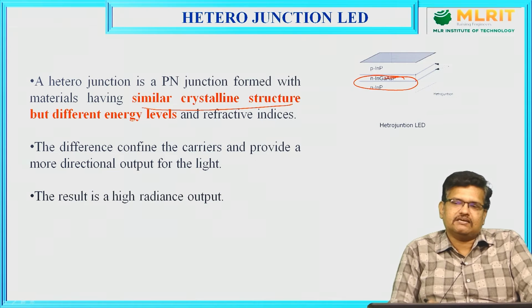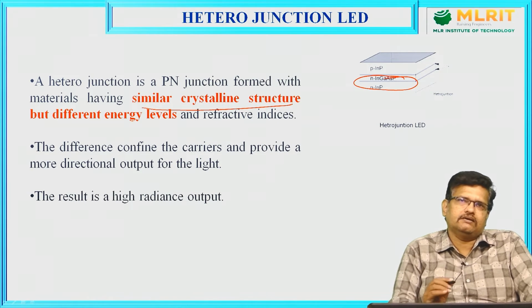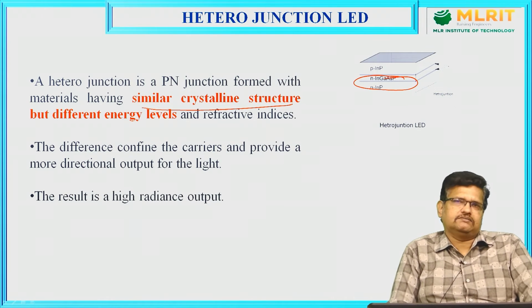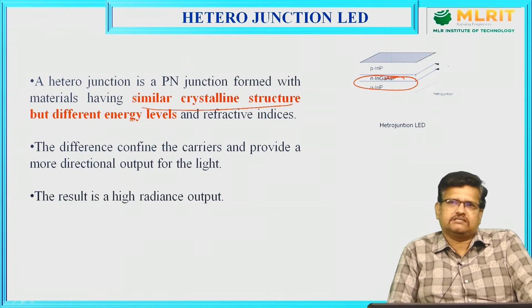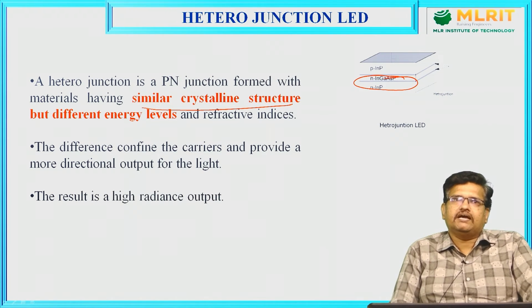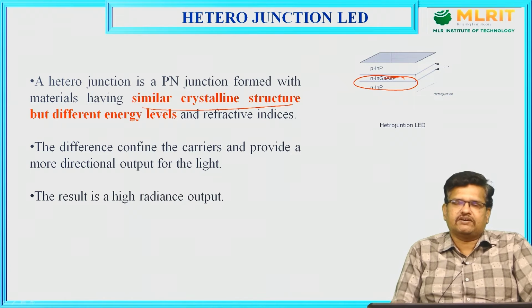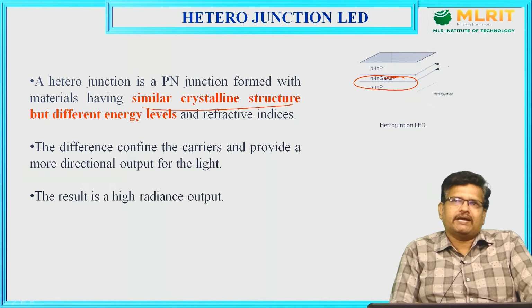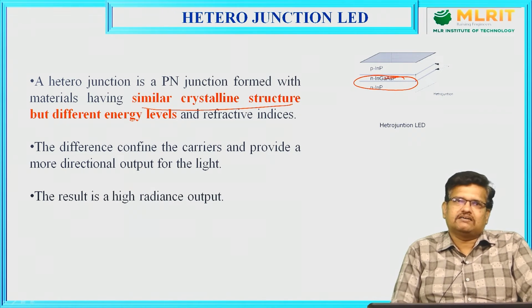The most important thing in homojunction and heterojunction is the directional output of the light. In homojunction, the directional output of light is very less. That's why you can say it has low radiance of the output. But in the heterojunction LED, due to the sandwich of P, N and another N, and the introduction of indium gallium arsenide phosphide, what will happen?